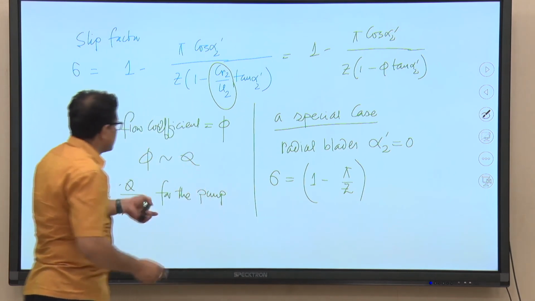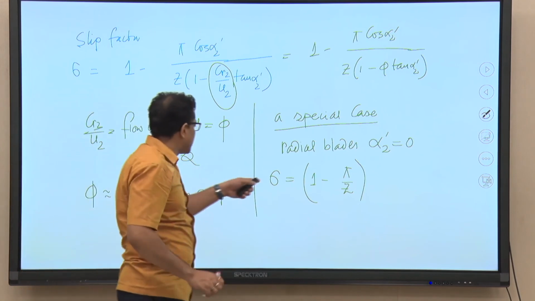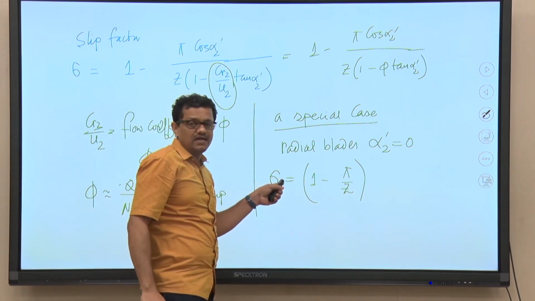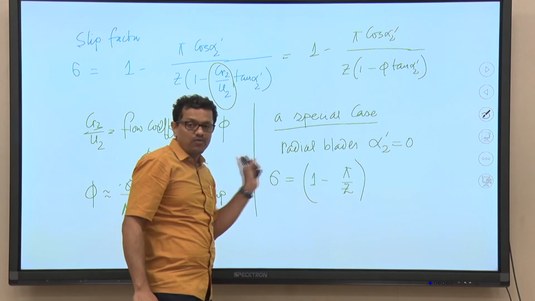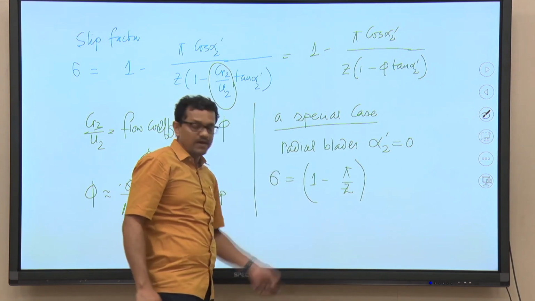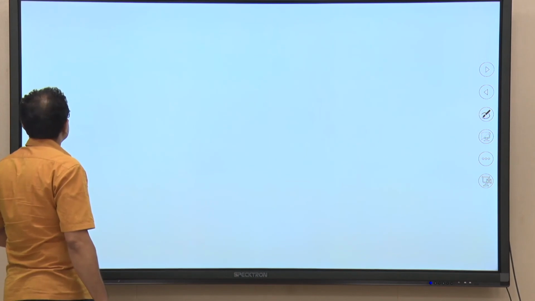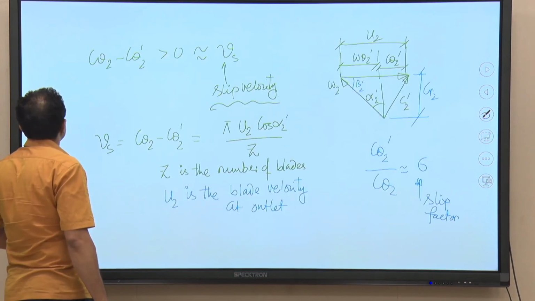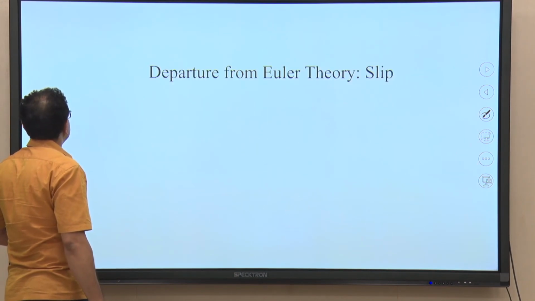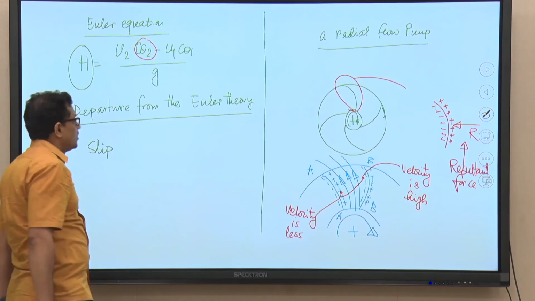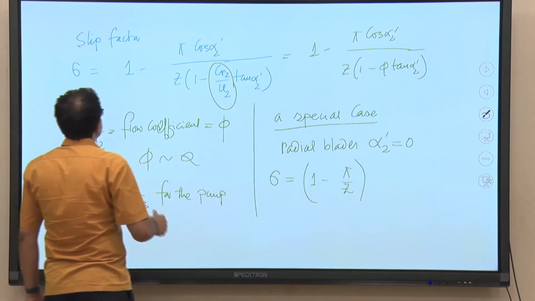Okay. So, this is what I have discussed, that slip coefficient is independent of the flow coefficient for the radial blades. Okay. So, finally, I was thinking that I will be discussing this departure from Euler theory. So, we can discuss that departure.